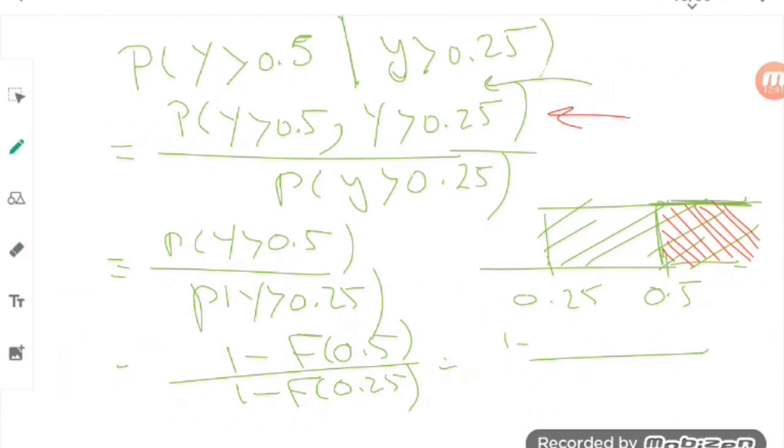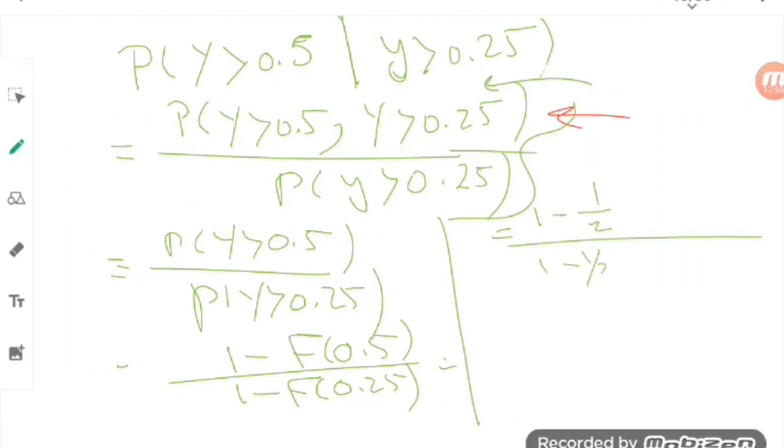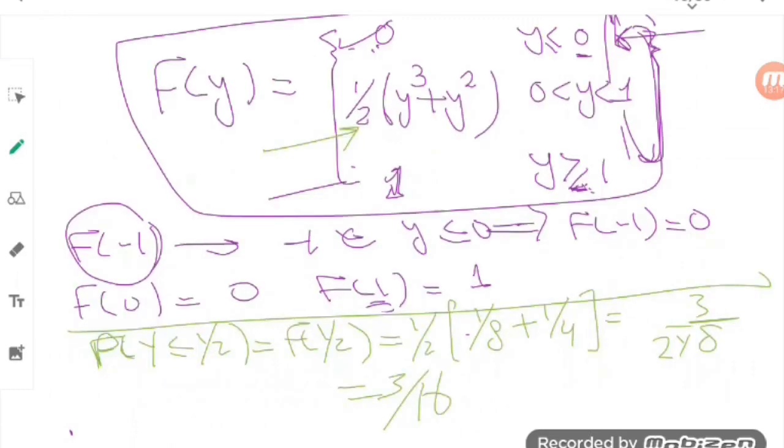Let's remove this to save space. So this equals 1 minus half, and here 1/8 plus 1/4.